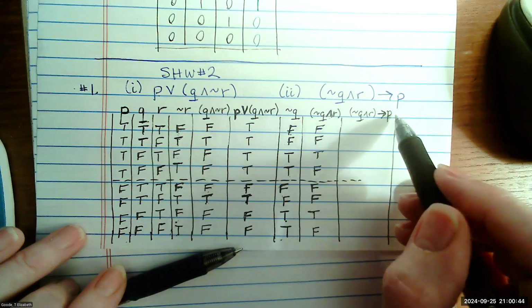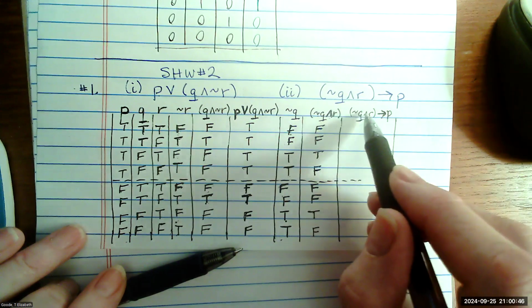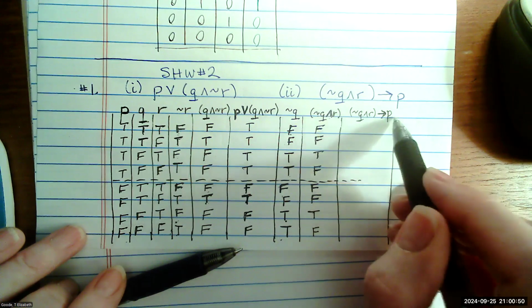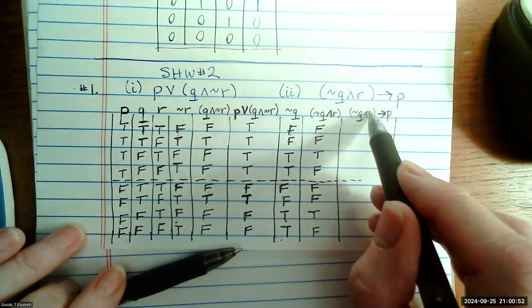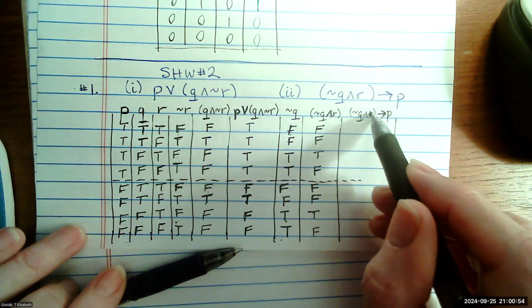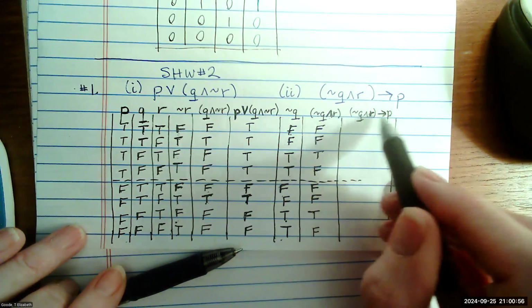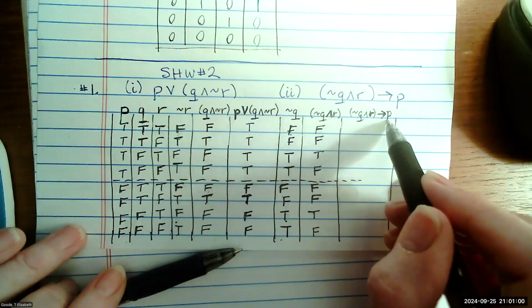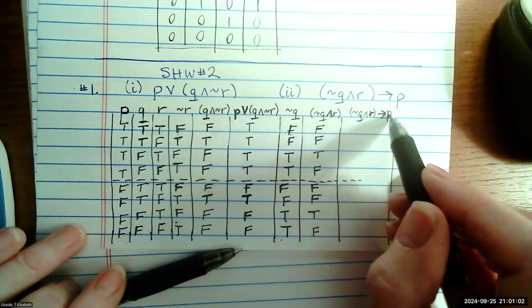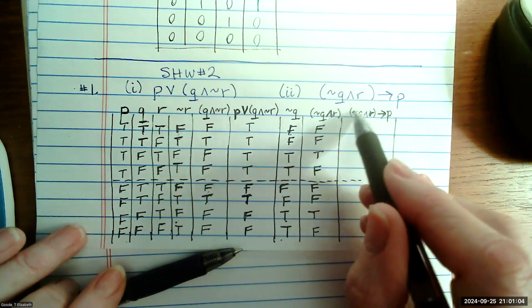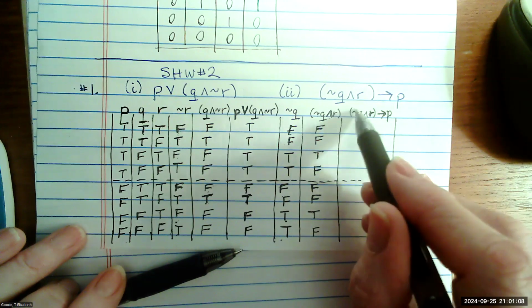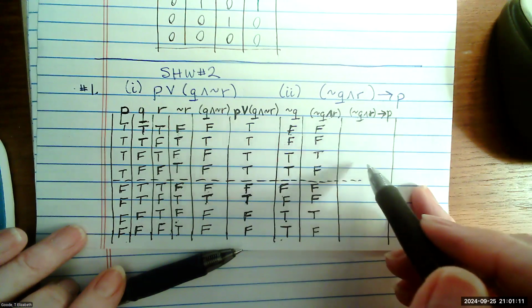So the if-then is true if both the hypothesis and conclusion are true. The if-then is true if the hypothesis is false and the conclusion is true, but it's also true if the hypothesis is false and the conclusion is false. It's always true if the hypothesis is false. So whenever this is false, the if-then will be true. Okay?